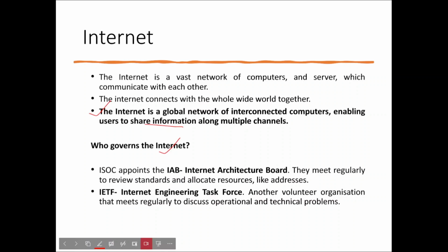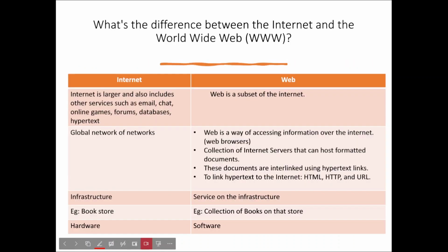right? So now, what is the difference between the internet and www? In brief, I'll tell you in simple language: if you consider a bookstore, then that bookstore is called the internet. And if you consider the collection of books in that store, then it is called the web, right? So, in other words, you can say web is a subset of the internet.